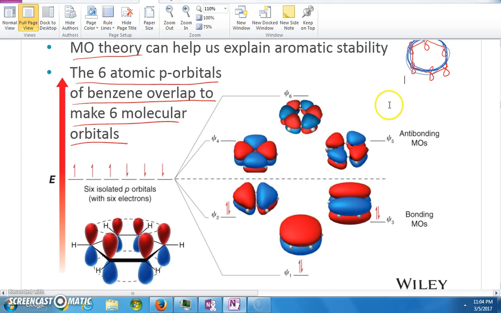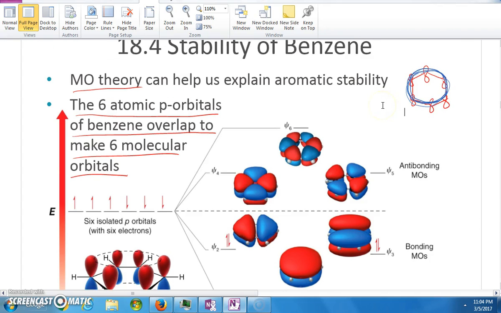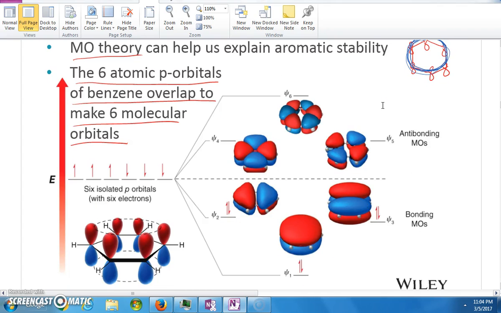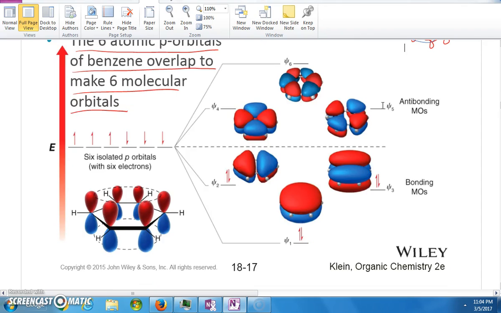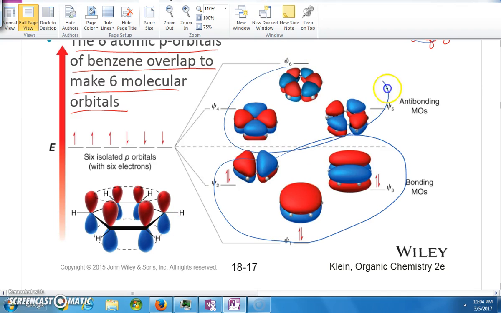But then that's just one school of thought. The other thing we need to look at is, if you look at the molecular orbital theory, you find that benzene has a total of 6 molecular orbitals, 3 bonding molecular orbitals and 3 anti-bonding molecular orbitals.